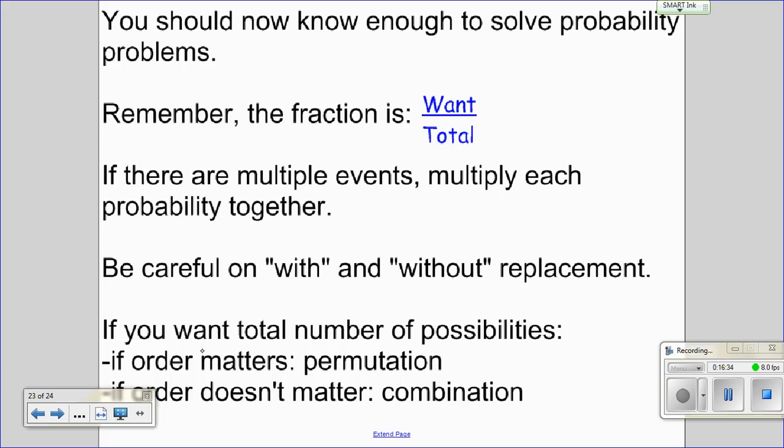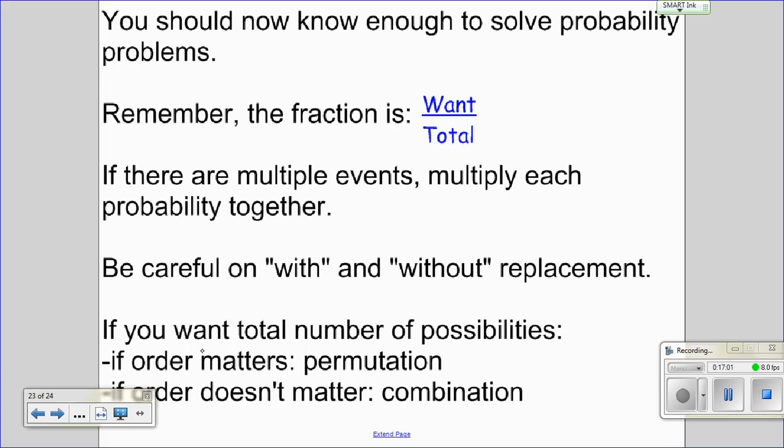So things to remember with probability, they can be tricky, so make sure you read the problem carefully. Also remember the fraction is always what you want, your outcome over the total. Whenever you have multiple events, you're going to multiply the probability together or add, like we did on the OR situation. When it said probability of red or blue, you add the probabilities.